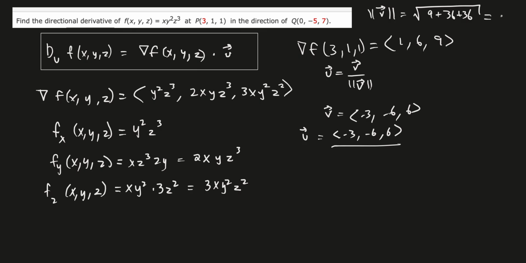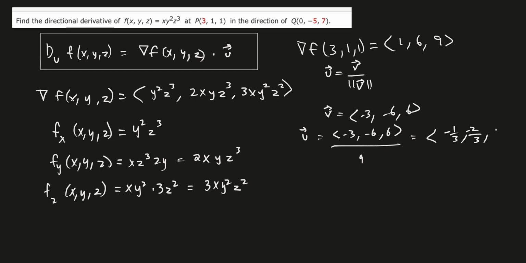Square root of 81 is 9. So this is just 9. This ends up being negative 1/3, negative 2/3, 2/3.